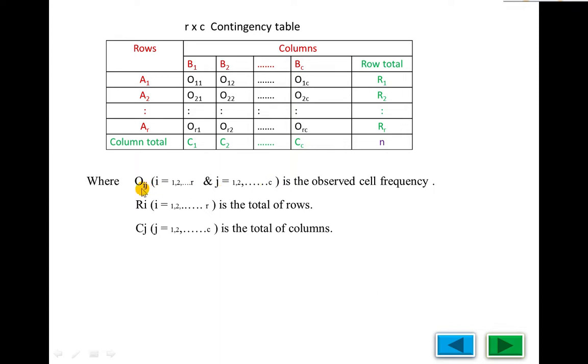There is a standard notation used for I and J for different rows and columns.